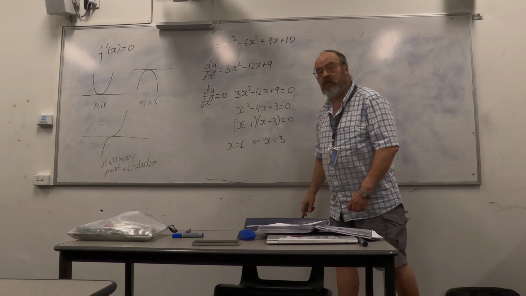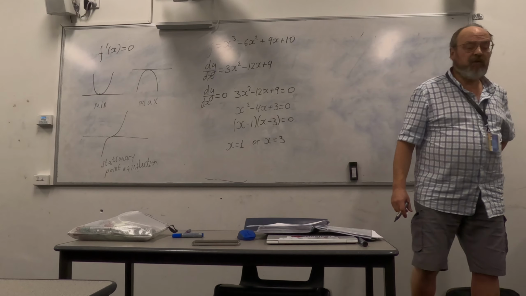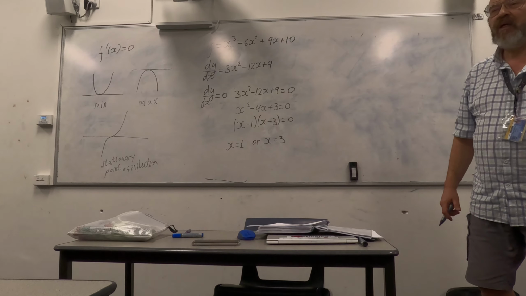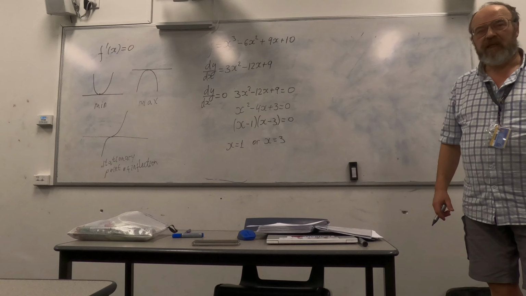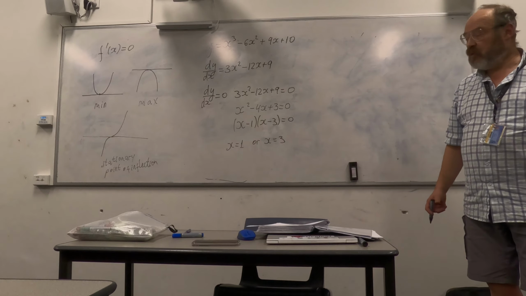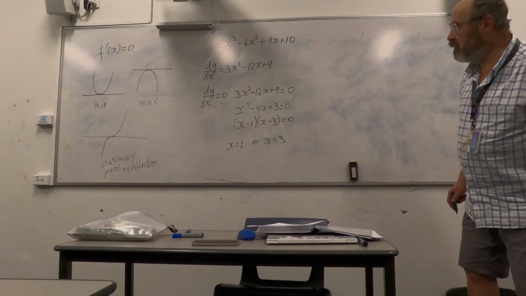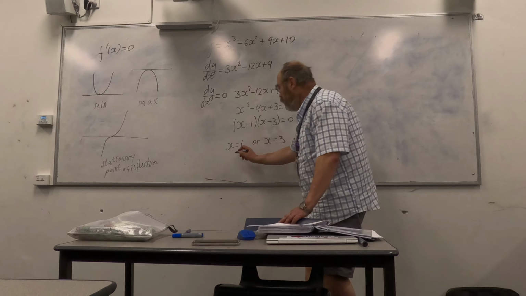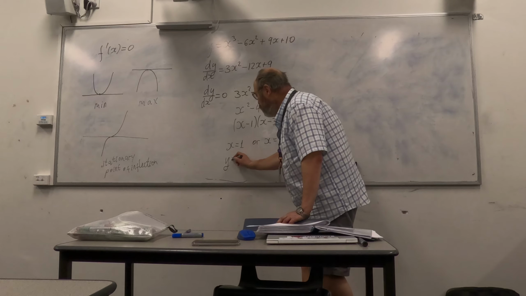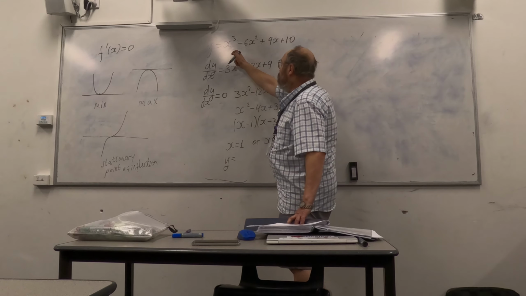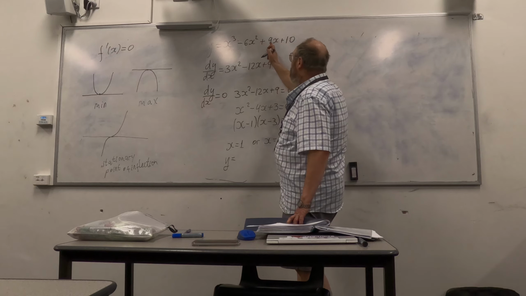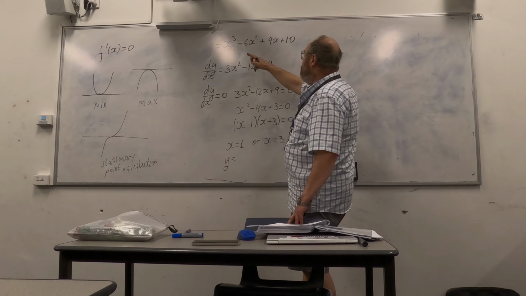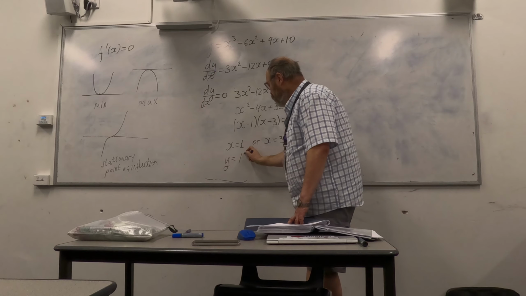We found the x coordinates of the stationary points. What should be next? We need to find the y coordinates. Let's substitute. When you substitute 1, we get 1 minus 6 plus 9 plus 10, which is 14.